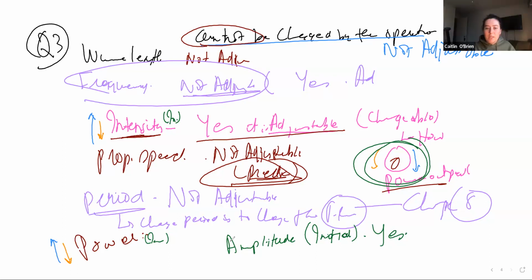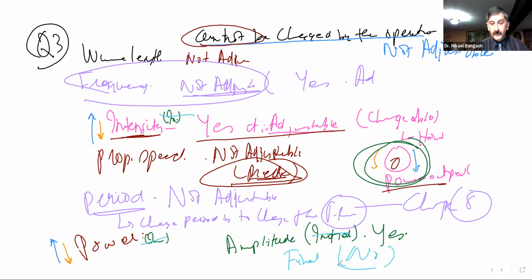So then obviously if they wrote final next to it, the answer would be no. Who said that? Caitlin. Had it said final instead of initial, of course your answer would have been no.